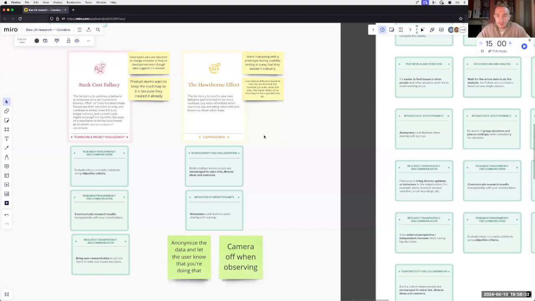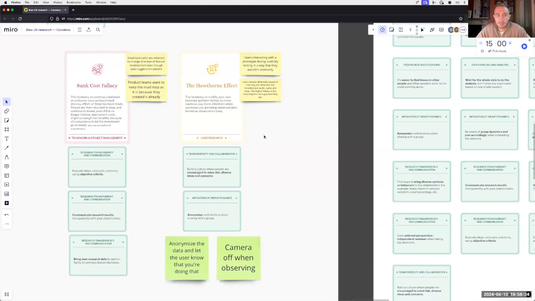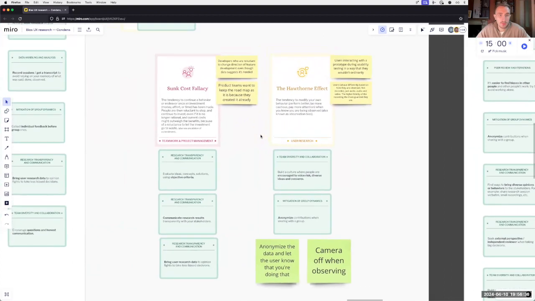Yeah, and then for the sunk cost, again, we took the examples that we talked about, developers and product teams potentially not wanting to let go of their precious roadmaps and features. A lot of the mitigation we focused on was about being transparent with why the change of direction is necessary, to try and make the sunk cost feel less sinky and costly, I suppose.